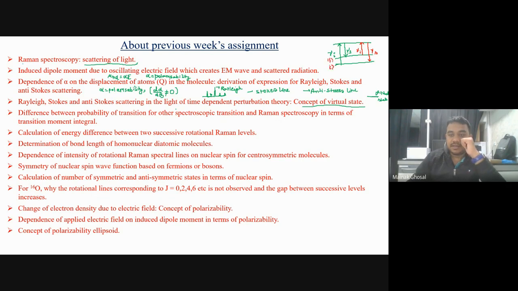This is your final state. And this is called the virtual state. Similarly, here this is your initial state, this is your final state, and this is the virtual state. So this corresponds to the Stokes line, and this corresponds to the anti-Stokes line.